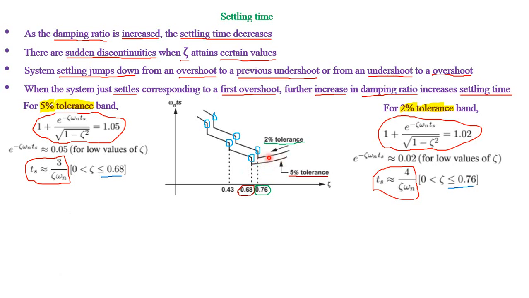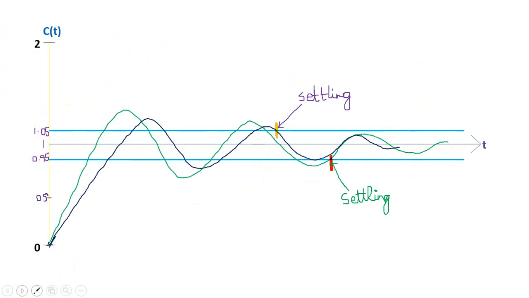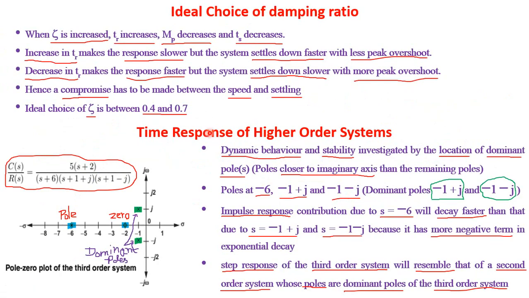Here for 2%, it is 0.76. So somewhere around 0.7, after 0.7, if we try to increase the damping ratio, settling time actually increases because it is coming under the influence of the rise time. Therefore, beyond 0.7, there is no point in going for a higher damping ratio.